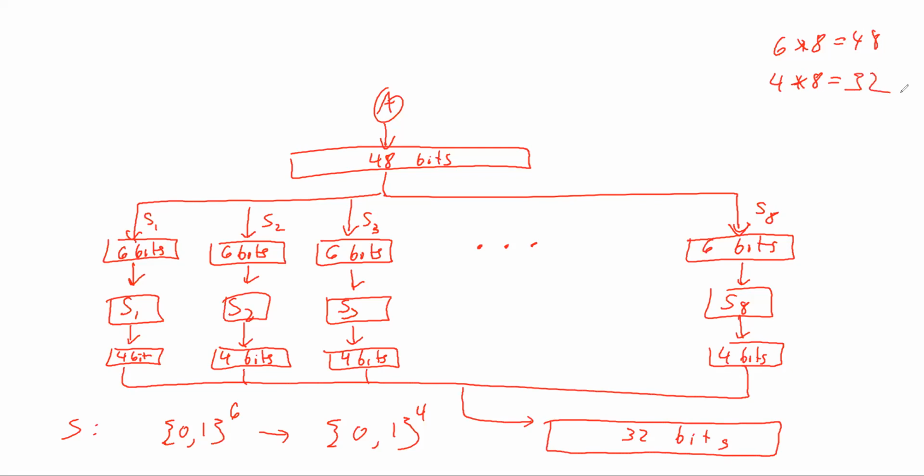We still need to define these S's, which is yet another thing we need to define, and something else that could change. But basically the goal is that there's always a mapping, so you can go in that direction and the same function can be applied to get back the original 6 bits from the 4 bits. So it's always a mapping that's happening, and the operation is usually XOR.